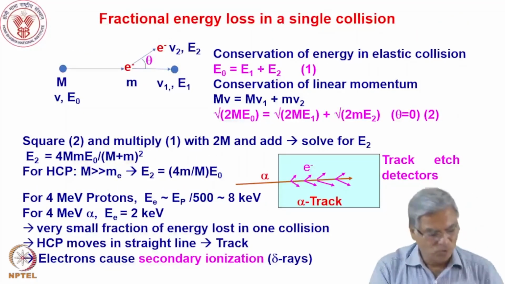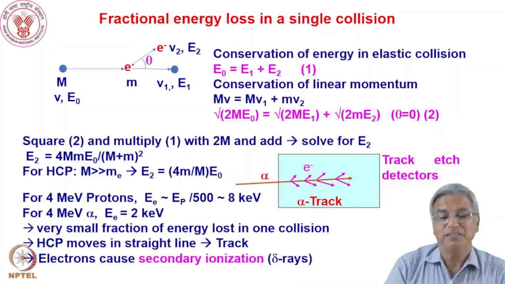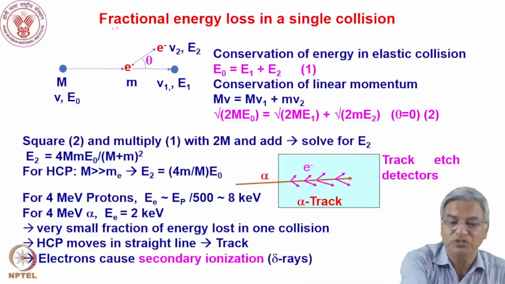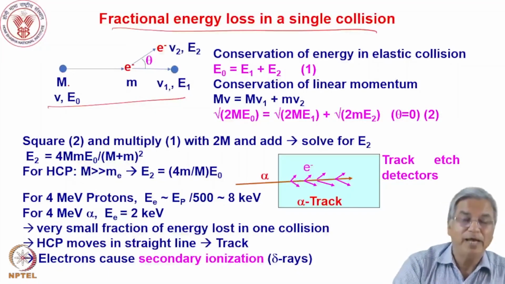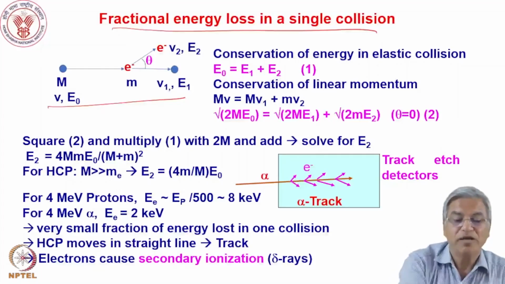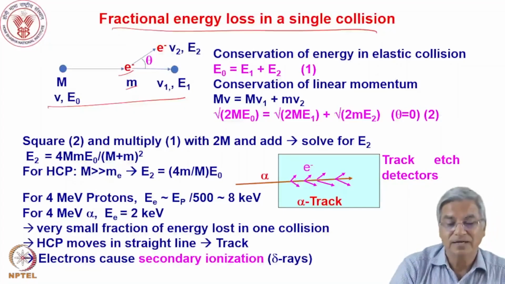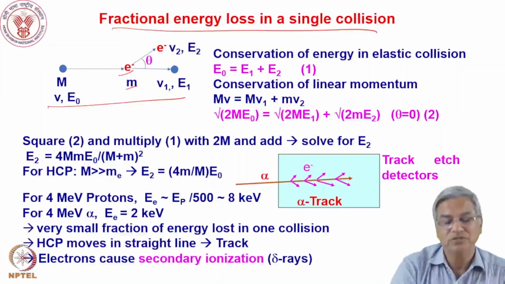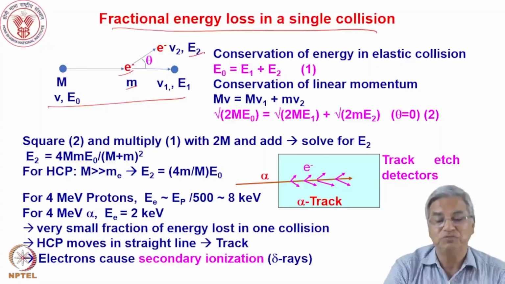Now let us see in more detail the energy lost by the heavy charged particle in a single collision. Let us look at the kinematics of a heavy charged particle of mass capital M, velocity v, and initial energy E0 colliding with an electron of mass small m, and the electron goes at angle theta with respect to the initial beam direction, with energy E2 and velocity v2.